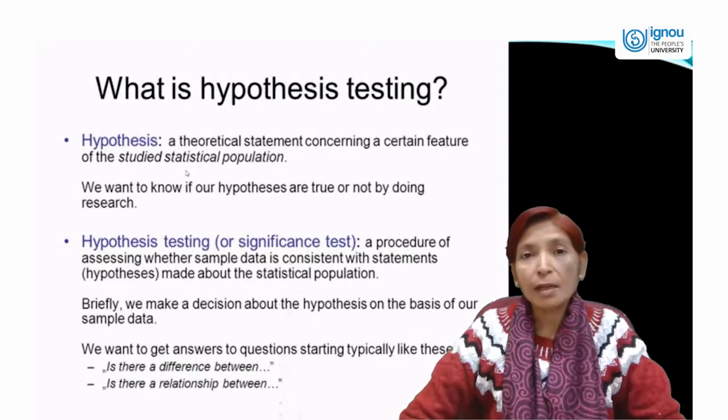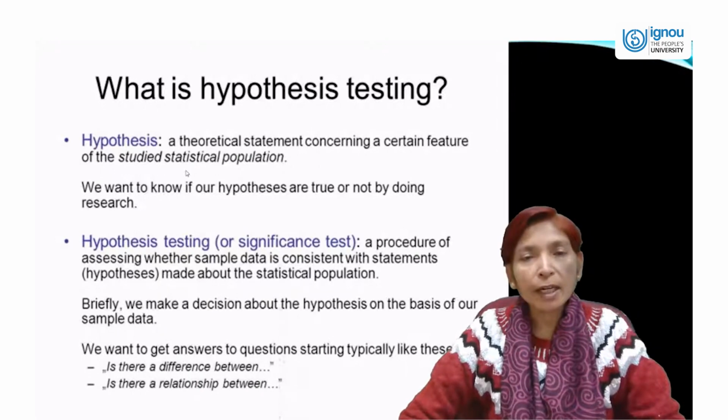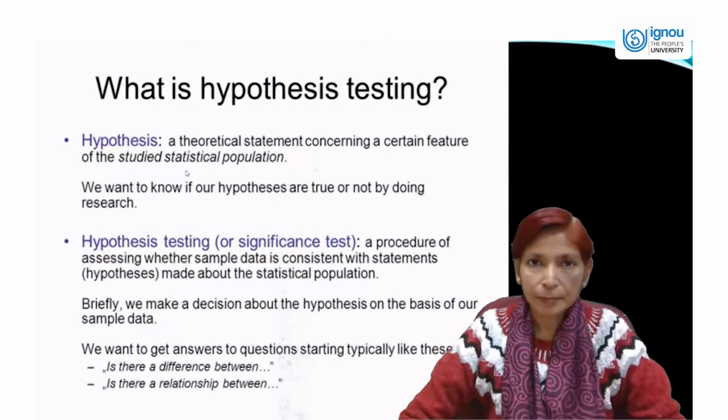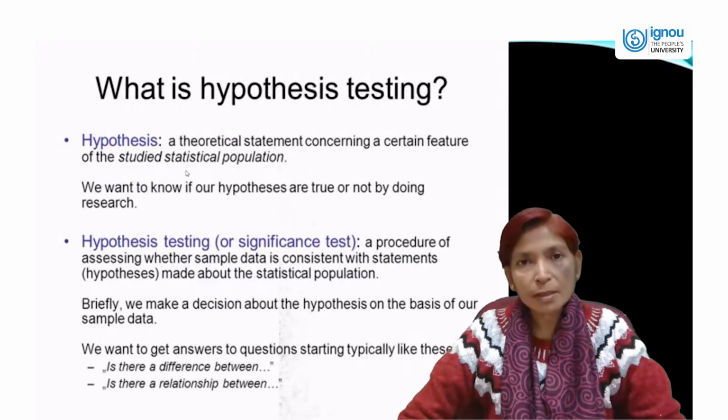And if our null hypothesis is not accepted, it means there is a significant difference between the two variables. So hypothesis testing tells us whether there is a significant difference between the two variables or not.